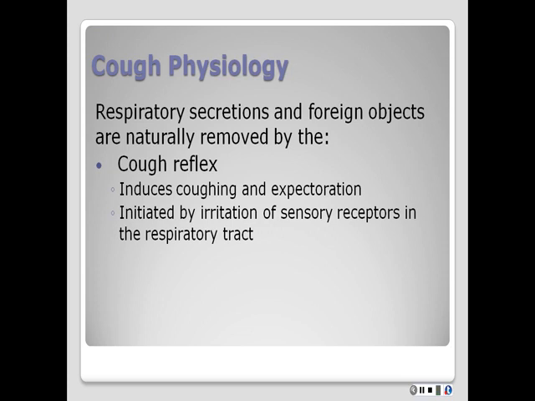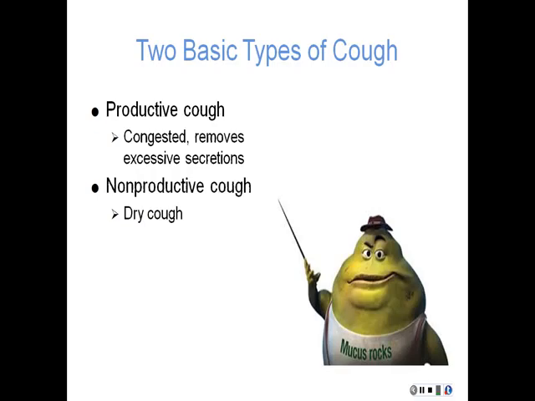This is initiated by irritation or sensory reception in the respiratory tract, and then those receptors are stretched, and a signal goes to the cough center in the medulla of the brain, which then stimulates the cough. So a cough can be productive and have secretions, and those secretions would then be expectorated through the cough, or they can be non-productive, a dry cough with no secretions.